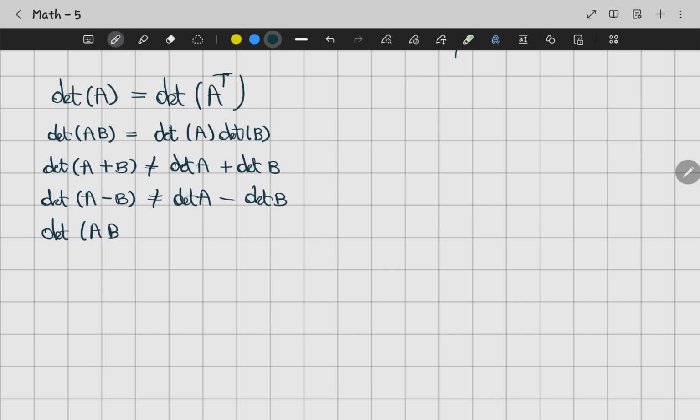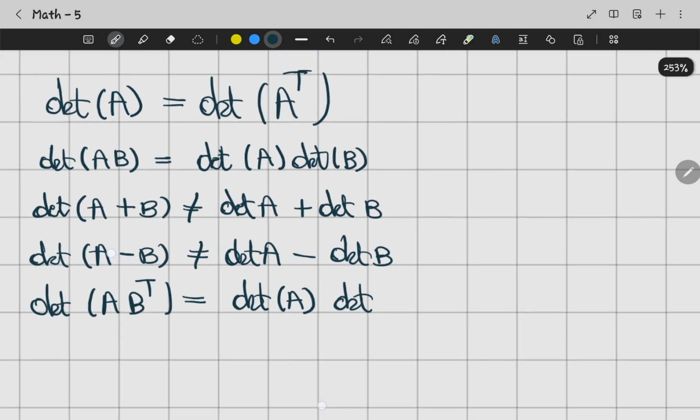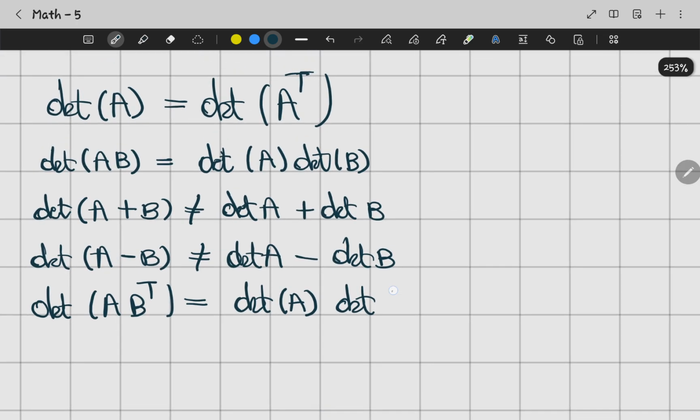The determinant of A matrix times B transpose matrix is equal to the determinant of A times the determinant of B transpose.